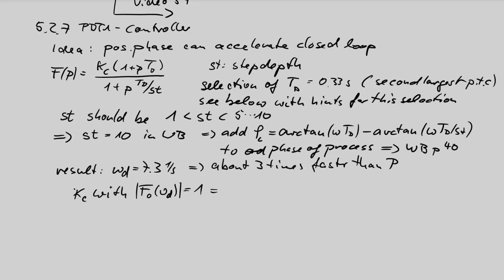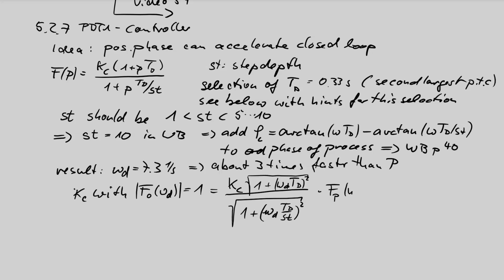The components of the open loop are the controller magnitude, and the controller magnitude can be calculated as done several times before: the magnitude of the numerator of this transfer function is the square root of 1 plus omega D TD squared, and in the denominator we have the square root of 1 plus omega D TD divided by step depth squared, multiplied with the process magnitude value at omega D, which has to be selected out of the diagram.